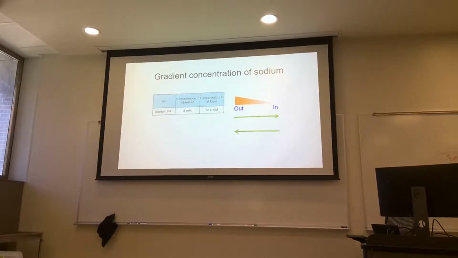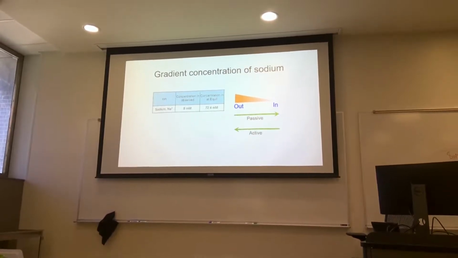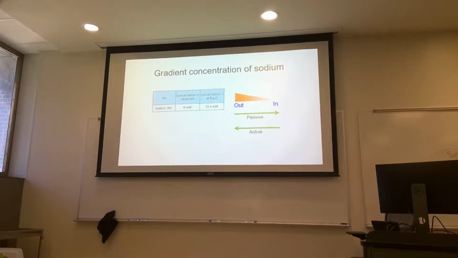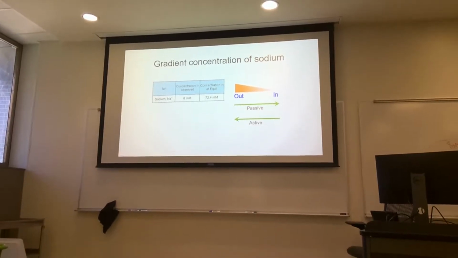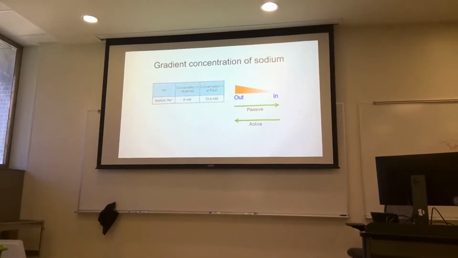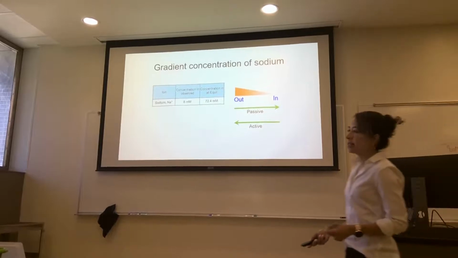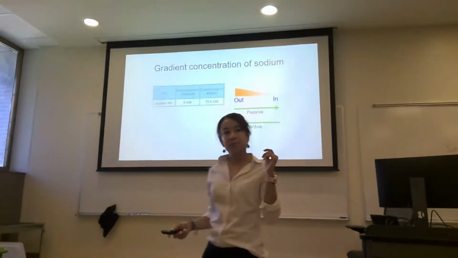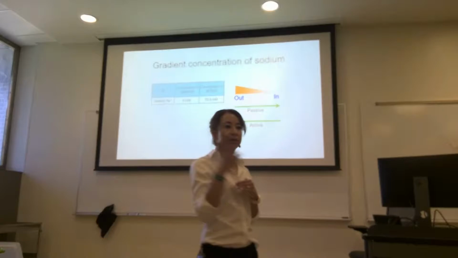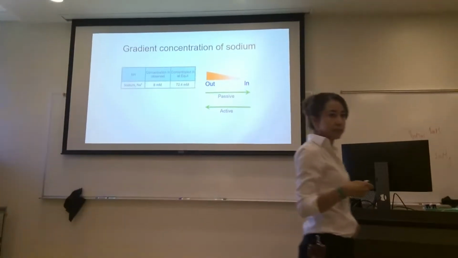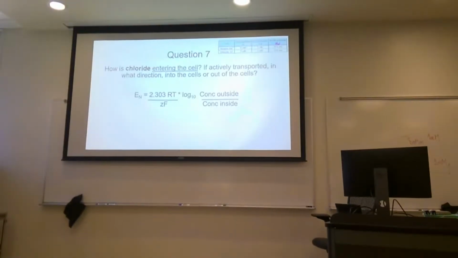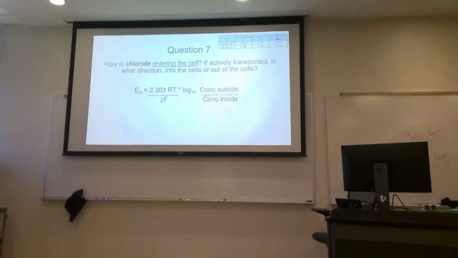By active transport, against the gradient. So in the current conditions in this plant cell, sodium is entering the cells passively and is actively being transported out of the cell. Okay? Now let's do chloride.